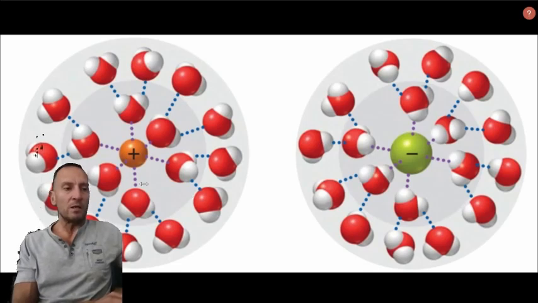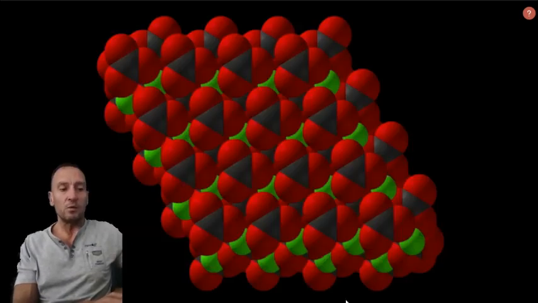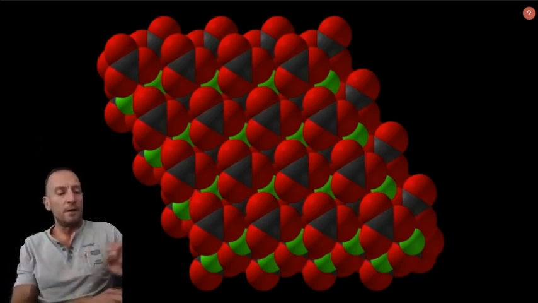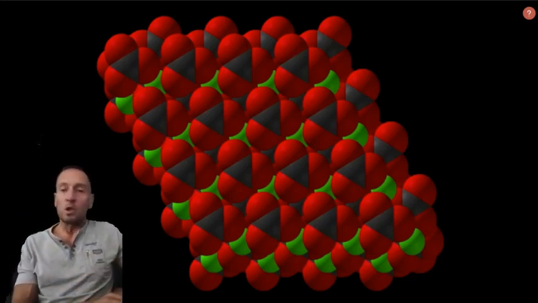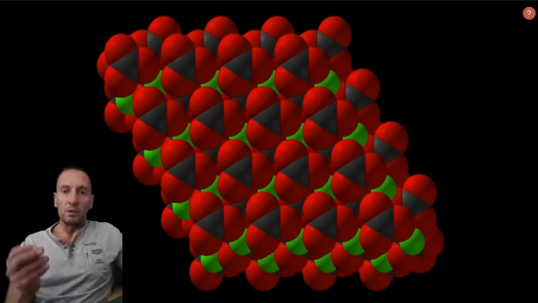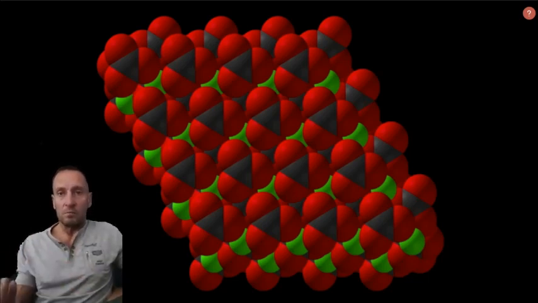Now I'd like to ask you a question. I always ask questions to make sure that you know what we study. This is the lattice structure of stone, calcium carbonate. Now my question is, why does salt get dissolved, which is also an ionic compound?